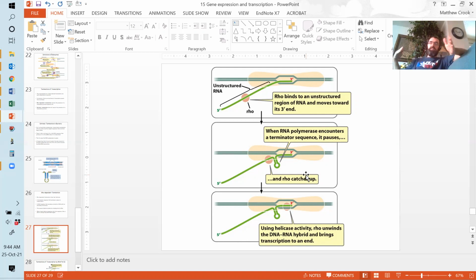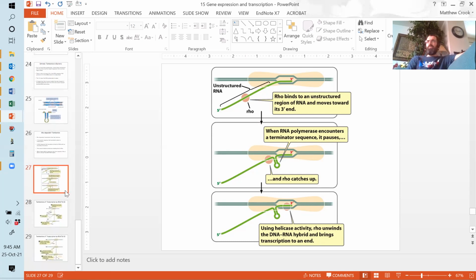It's like it's coming in and it just blows up the whole complex. It unwinds the DNA and the RNA complex, and it physically forces the RNA polymerase off of the DNA to terminate transcription. There's another model where it just kind of messes around with the RNA polymerase, but I don't understand that well enough to teach you. And I don't want to confuse you either.